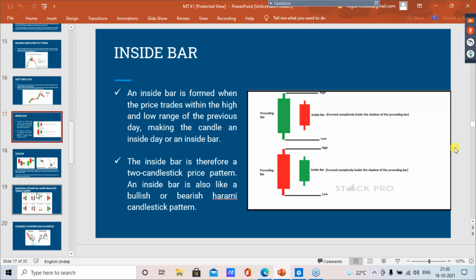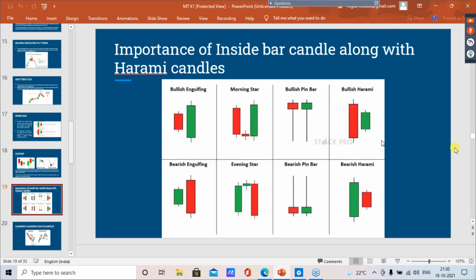But when it comes to Harami, we are very sure: in bullish Harami, the probability of the high breaking is very high, and the probability of the color difference and which side it will break is also very high. In bullish Harami, the chances of the high breaking are great. In bearish Harami, the chance of the lower part of the inside bar breaking is very high.